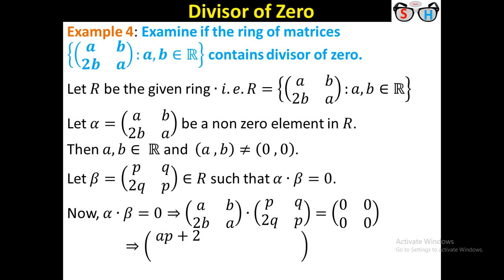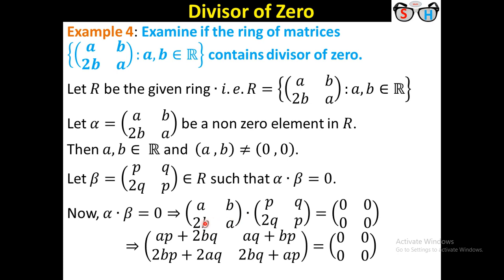The product will be: first row, first column is ap plus 2bq; first row, second column is aq plus bp. Second row, first column, the 2-1 position, is 2bp plus 2aq, that means 2 times (aq plus bp), which is double that element; and the second row, second column is 2bq plus ap.